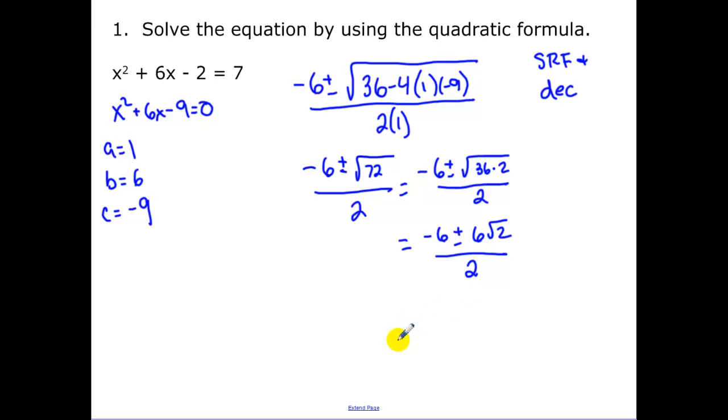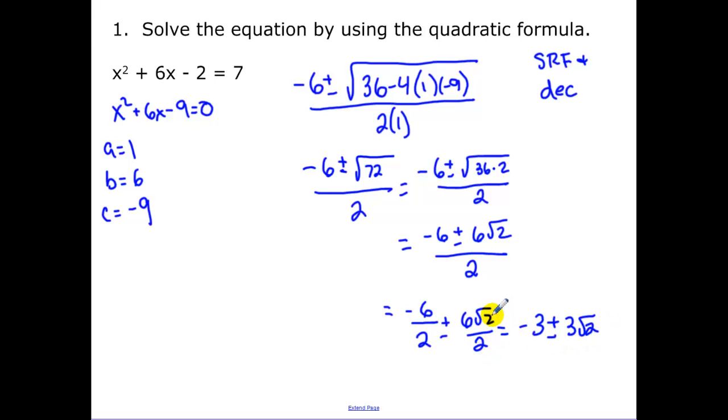Now remember, this stands for two answers. And this plus or minus in the middle there, that's going to be -6 over 2 plus and minus 6 root 2 over 2, which is going to simplify to -3 plus or minus 3 root 2.